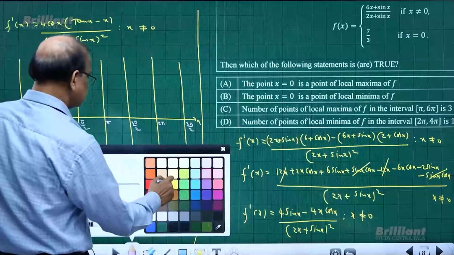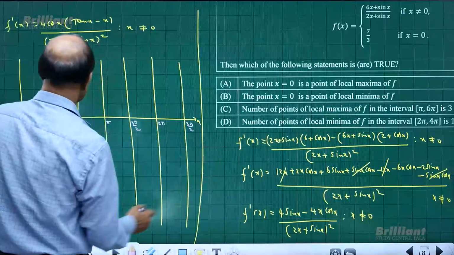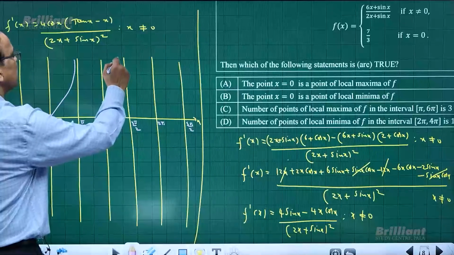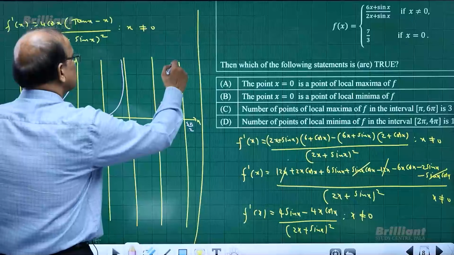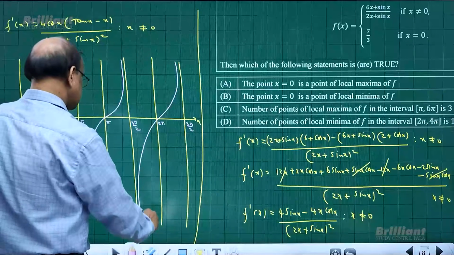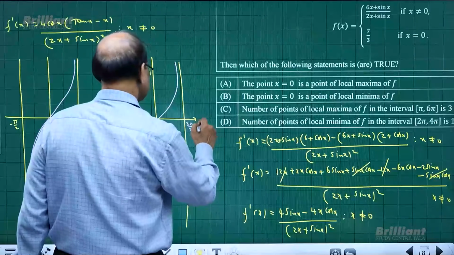So this is at 0, at pi again it cuts like this, at 2 pi it cuts, right.